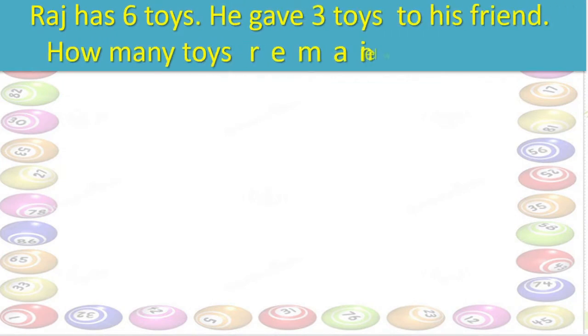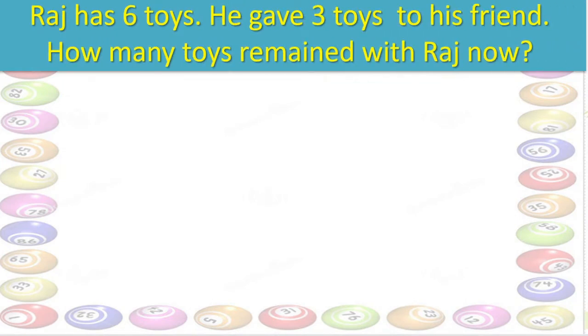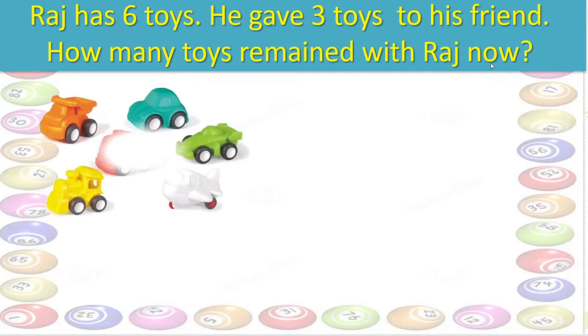Raj, a boy, has 6 toys. He gave 3 toys to his friend. How many toys remained with Raj now? Yes, earlier Raj had 6 toys.